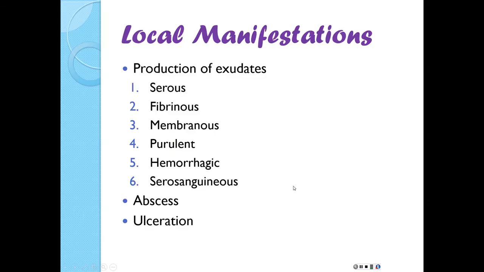And the local manifestations for the acute inflammatory response, I'd mentioned in the beginning that one of the things that occurs is the production of exudates. Exudates are fluids that are produced, or substances that are produced from the cells that function to aid in the location and typing of the injury.